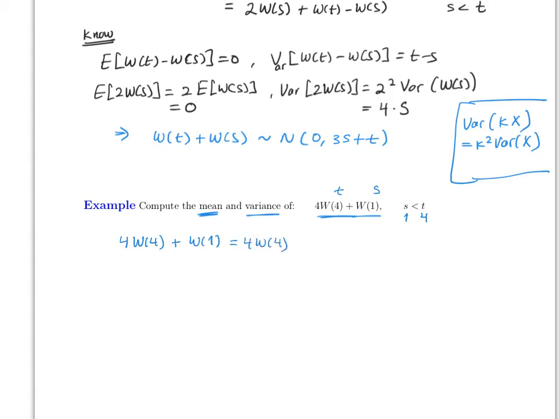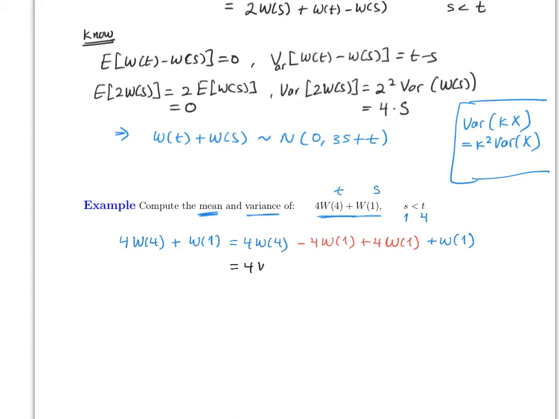This is equal to 4W4. Then we're going to add nothing to it, so you subtract 4W1. Then we add 4W1. And then we already have W1 in here. Right, so here you can factor the 4.